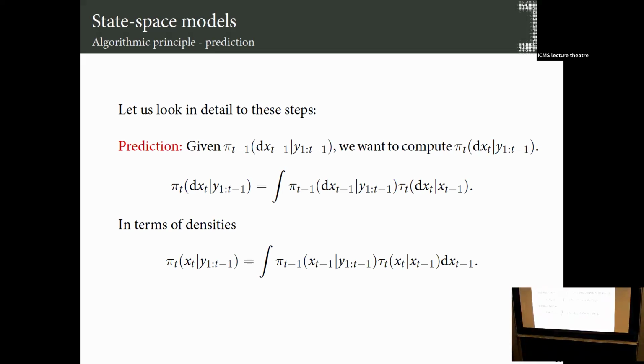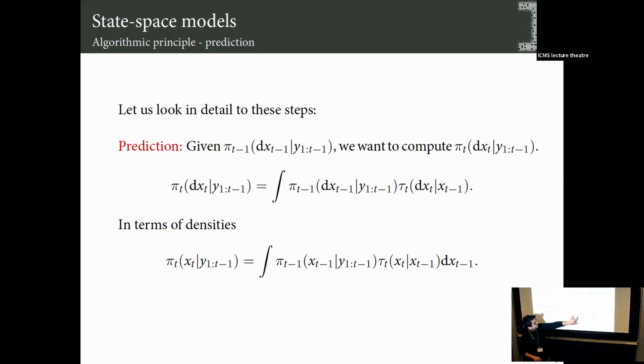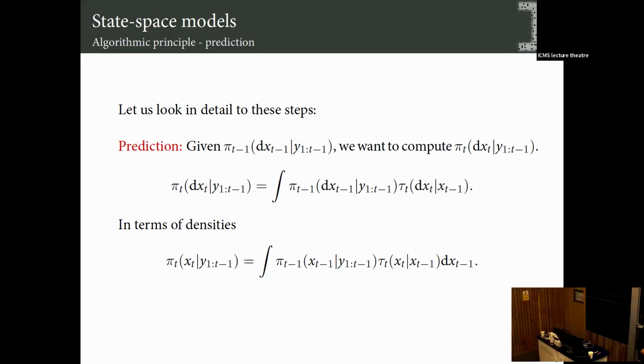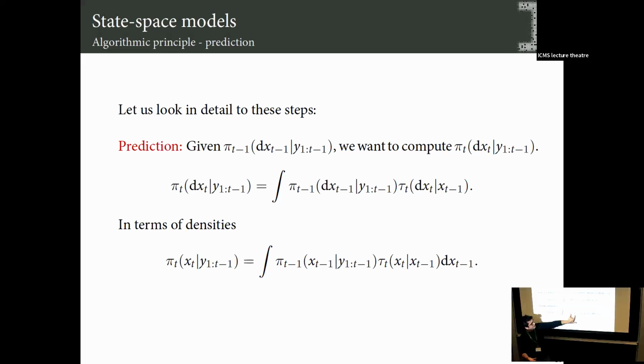In terms of densities, I made it easier; you can just write it this way. If this is confusing, it is just the posterior of the previous time in terms of density. Assuming that at pi_0 you have this, we are doing an induction kind of argument. If you integrate out x_{t-1}, you get the predicted measure.